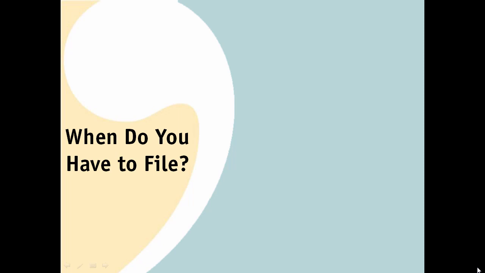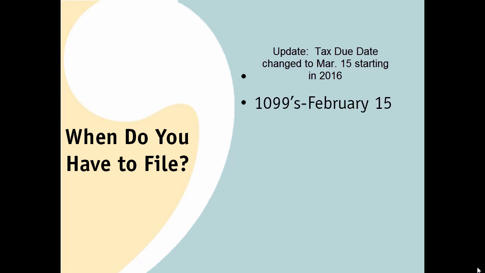The timeline you will be working with involves these dates. They need to agree with the 1099 forms, which are sent by the financial institutions to the IRS to report your income. Financial institutions have until February 15th to get a copy of these to you.